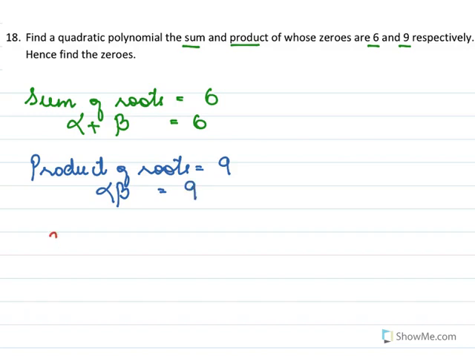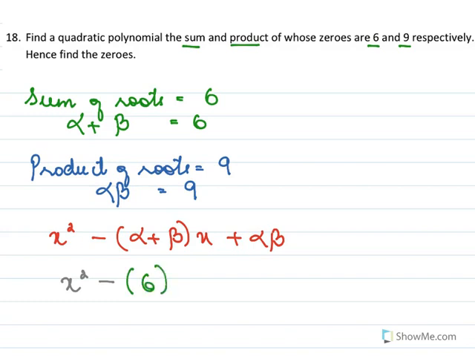The formula of a quadratic is always x square minus (alpha plus beta) x plus alpha beta. So we put our values: the sum of the roots is 6 and the product of the roots is 9. So it will be x square minus 6x plus 9. This is our quadratic.